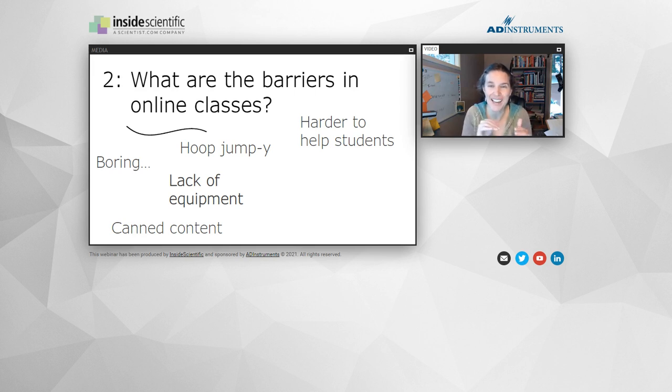Quick, everybody go buy test tubes at the dollar store, because it was so hard. They didn't have the stuff that we have on the shelves in the lab rooms. So getting them equipment can be challenging in the online lab.